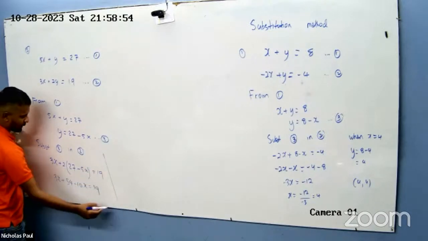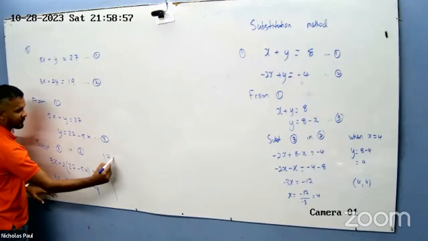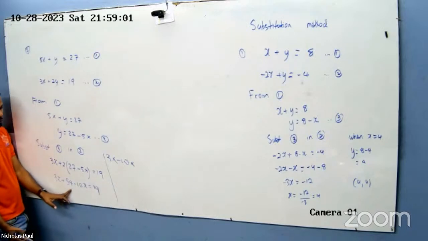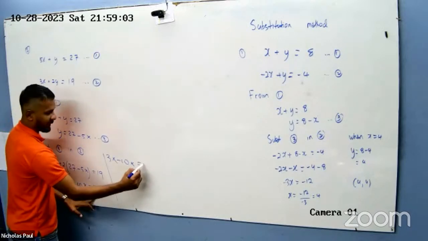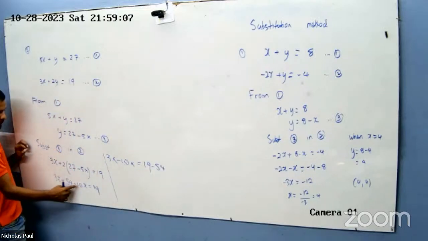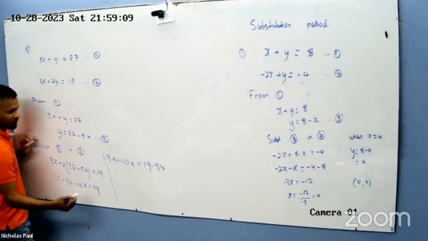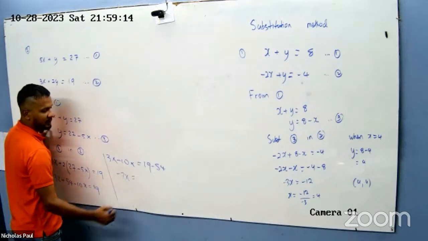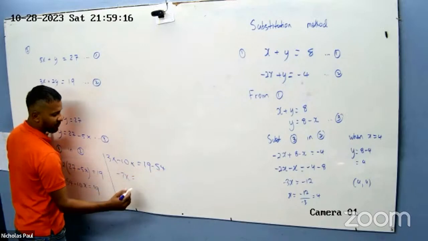So I'll end up with 3x minus 10x, and because I'm moving 54 across the equal sign, it becomes 19 minus 54. This is minus 7x is equal to 19 minus 54.